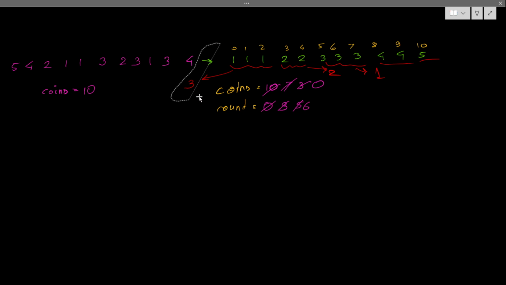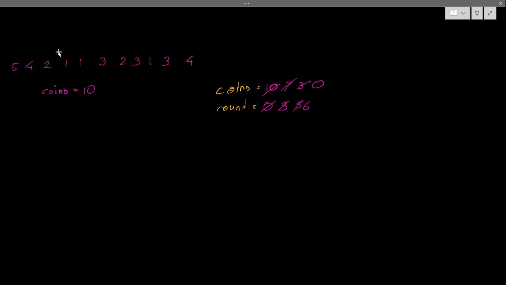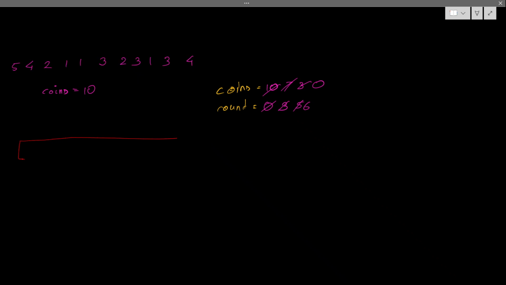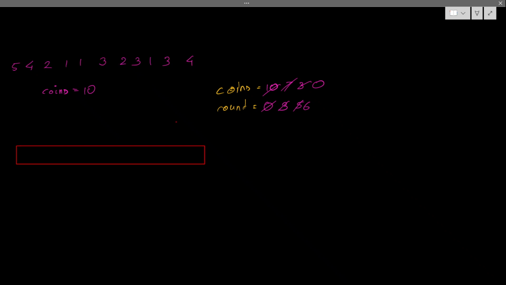In counting sort, we are using the frequency, so I don't need the sorting. We can do the same thing using the unsorted array. How could you do that? We need a frequency array. What is the limit of the frequency array?